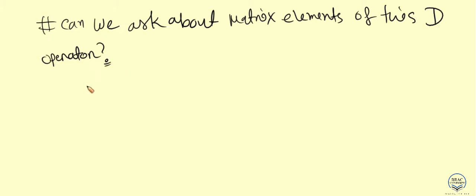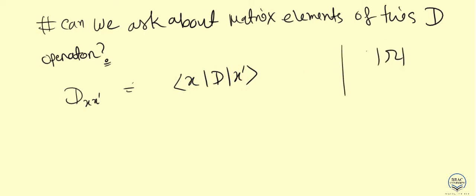And the way to go about it is, let's say I want the x x prime element that is denoted by D_xx', and the way to write this would be <x|D|x'>. These x's are the bases for this infinite dimensional space, and it's similar to the finite dimensional case where you had a matrix, and if you wrote ij, it would be omega_ij, some matrix element. So this is a similar case.